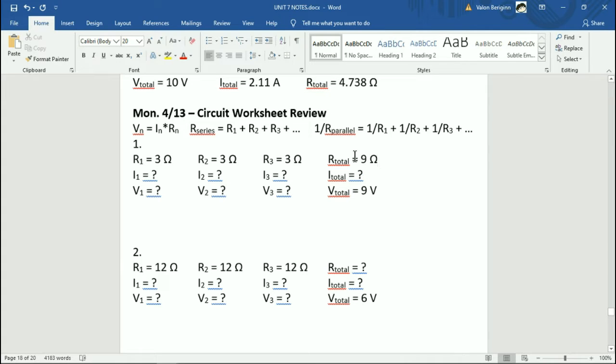Now, if the total resistance is 9 and the total voltage is 9, then since V equals IR, we can divide this through. Let me write this out.